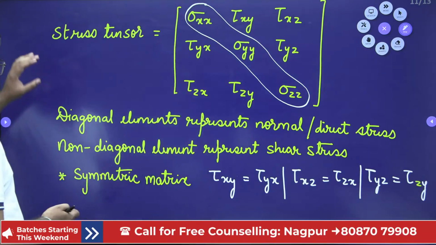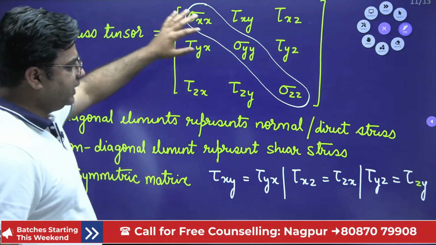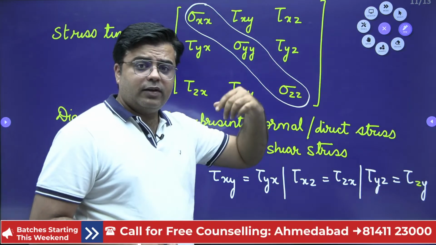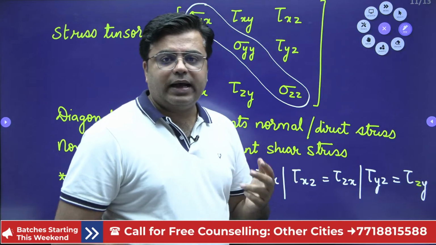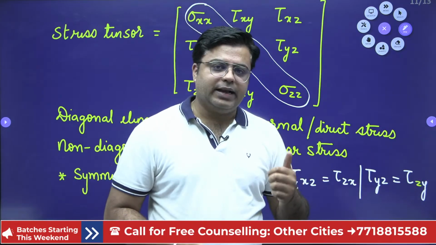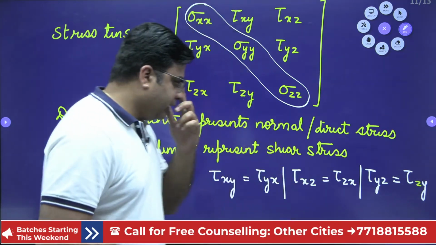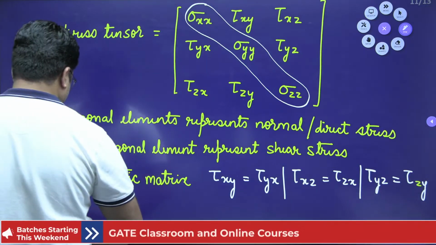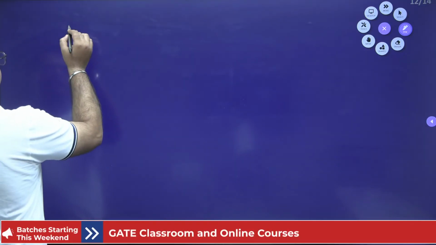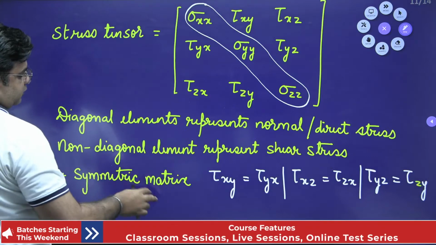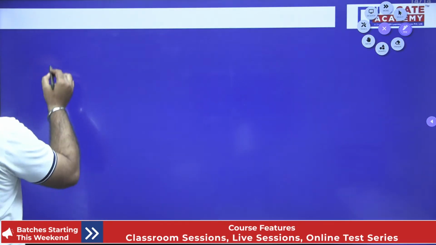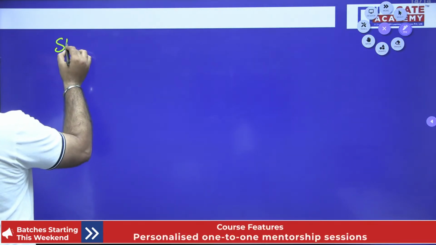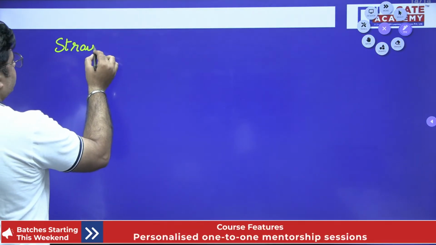Similarly, if stress is a tensor, then strain will also be a tensor, right? Strain also has a magnitude and two directions. So strain is also a tensor.